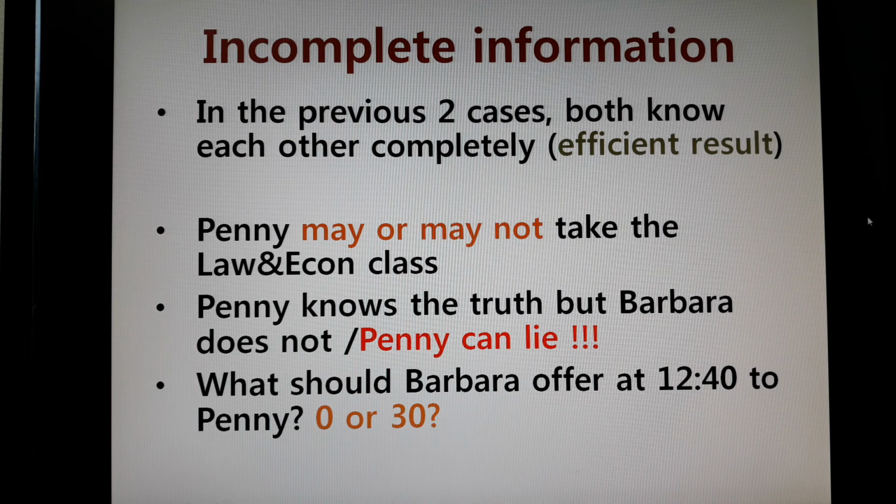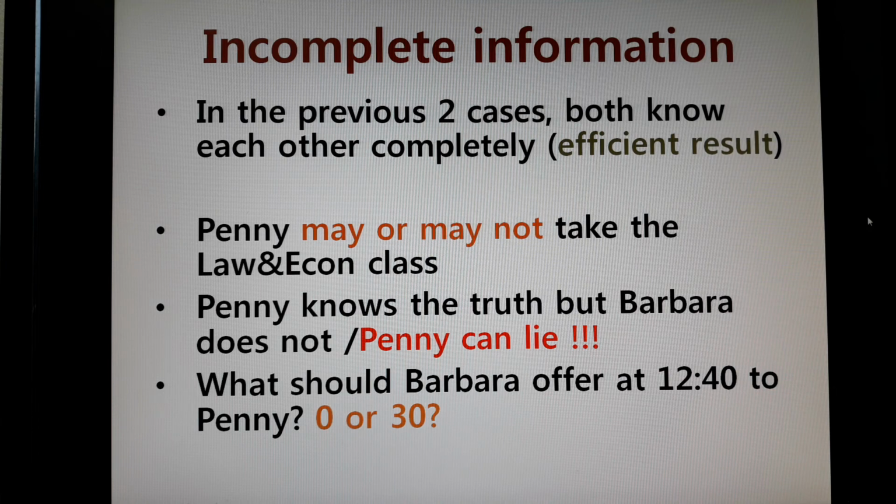Okay? So, when Penny lies, and if you are Barbara at 12:40, and Penny says, come on, I'm not taking a class. So at 1 o'clock, if you offer me less than 30, I refuse. So give me 30. If you're Barbara and you are suspicious whether Penny might have a class at 1 o'clock, would you offer Penny 0 or 30?